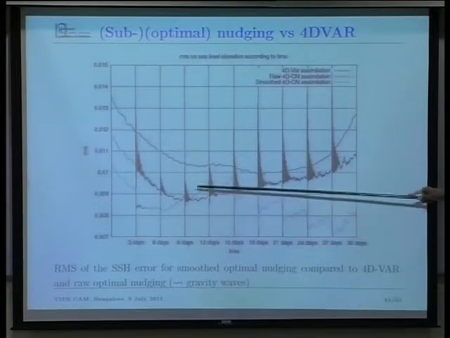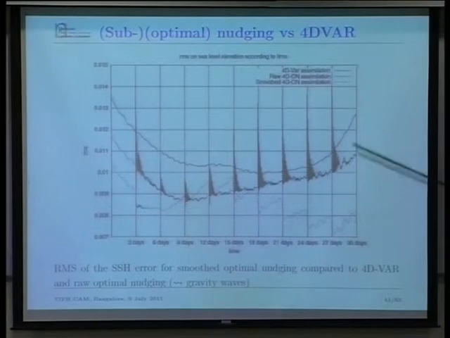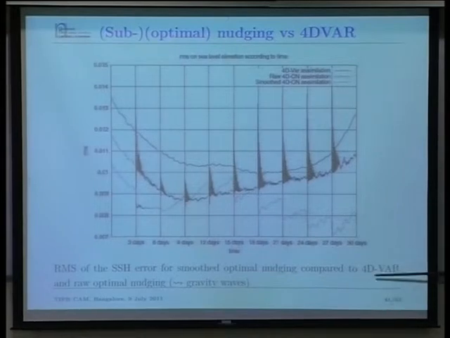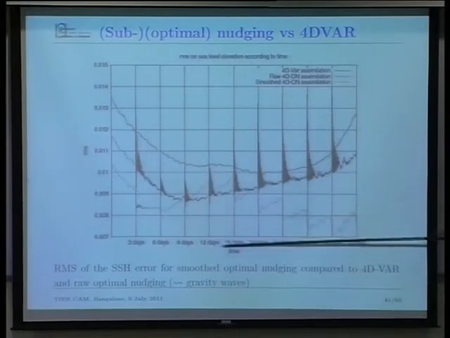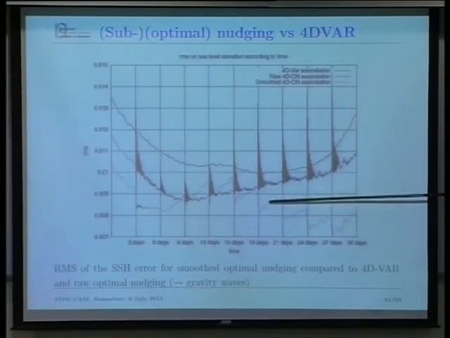The windows were 3 days, and they performed the assimilation over several assimilation windows. So the 4D VAR is there. And what you can see in the standard nudging is that the assimilation window is there, and here you have the observation times.